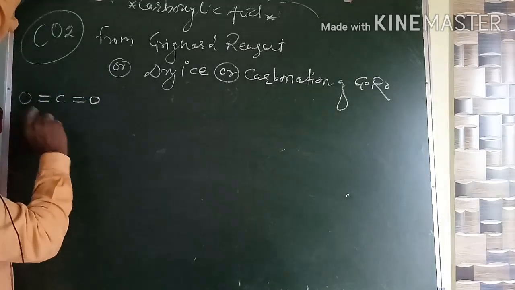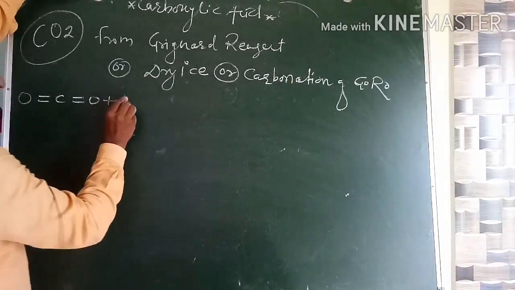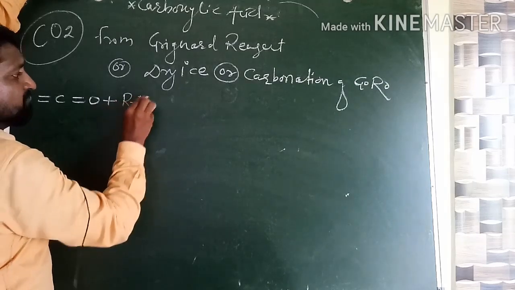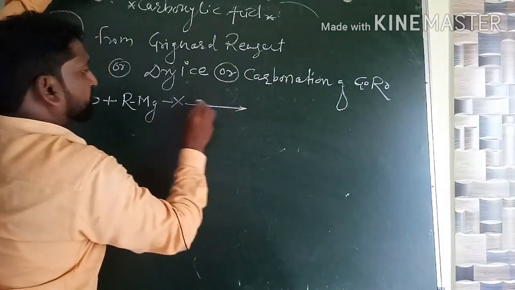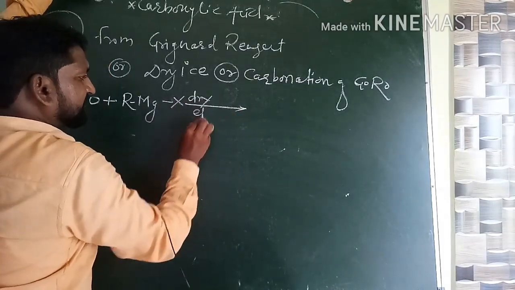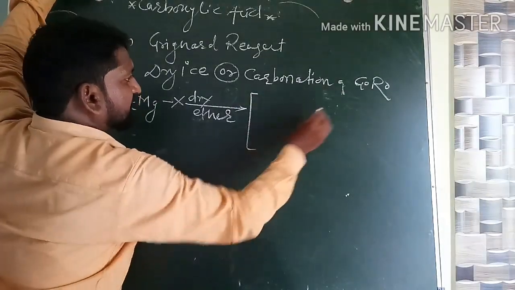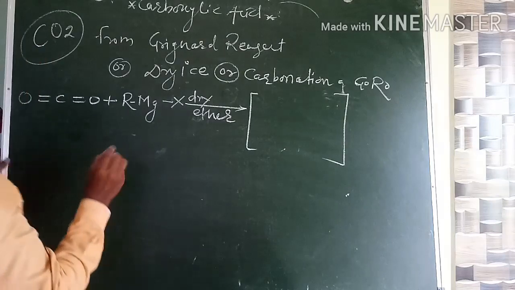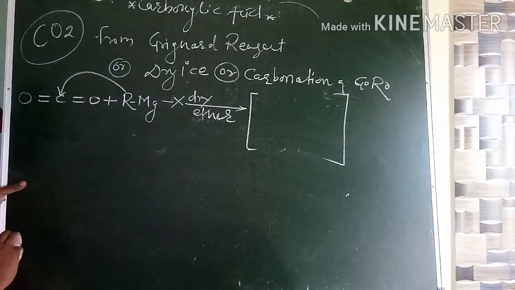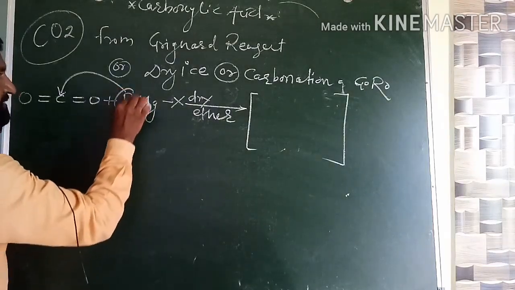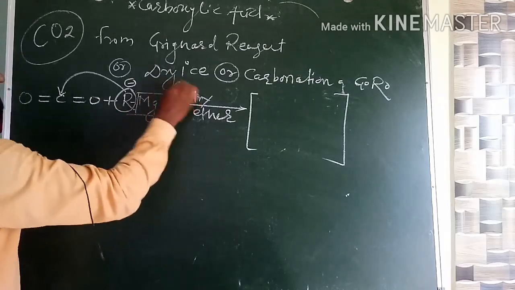When this carbon dioxide molecule is added to the Grignard reagent, what is Grignard reagent? Grignard reagent is nothing but the alkyl magnesium halide in the presence of dry ether. There is a formation of unstable product. Let us see what happened. Actually, this R is negative, and this MgX is the positive part.